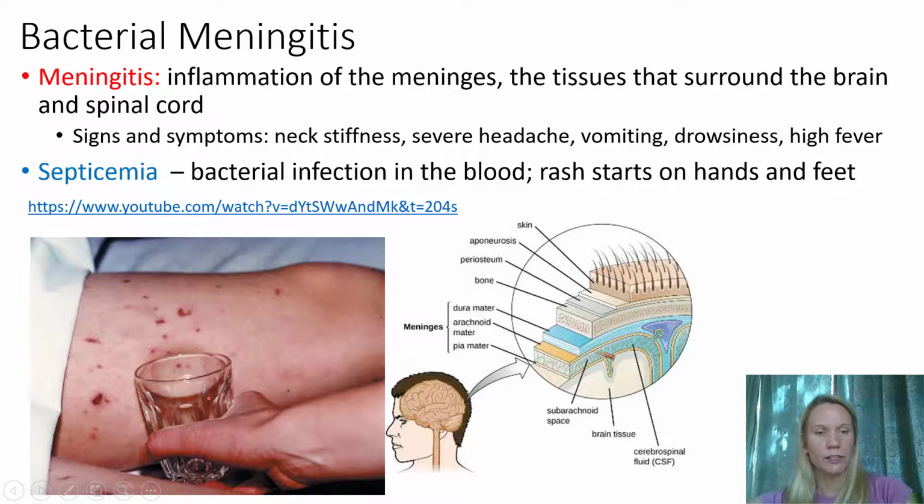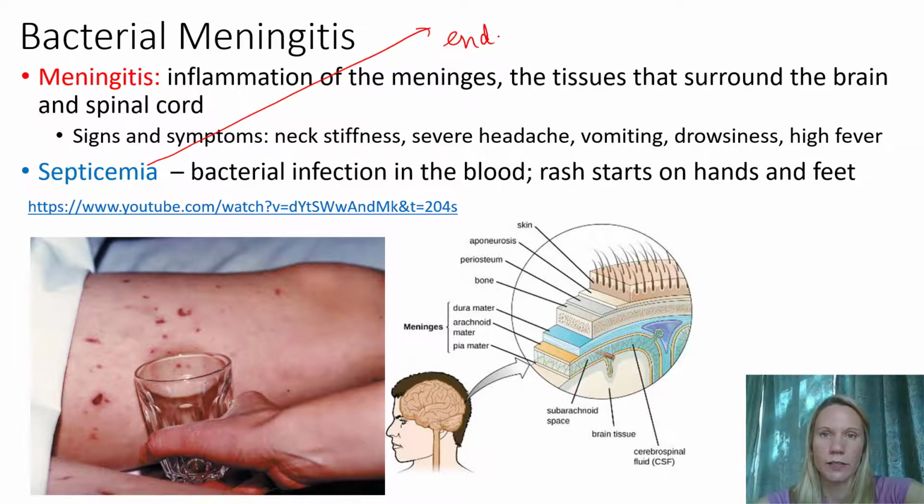And here what you're seeing is they're taking a glass cup and they're pushing it against the rash, and the rash stays red, it doesn't turn white. It's called the tumbler test. And that basically means that this is the condition that we've talked about before. If you recall, it's another condition associated with endotoxin release.